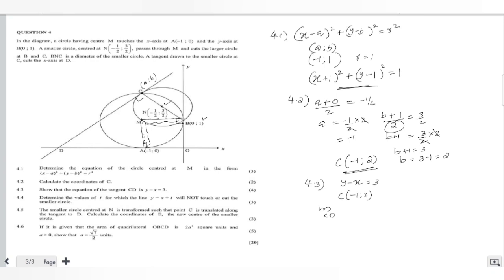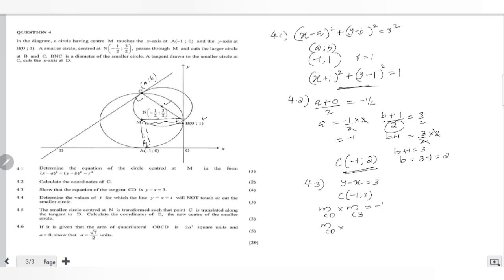Only 1 point we have. So that way is not going to work. So we are using perpendicular condition, that is gradient of CD times gradient of CB is perpendicular, which means it's equal to minus 1. So gradient of CB we can find out. I'm using C and B.